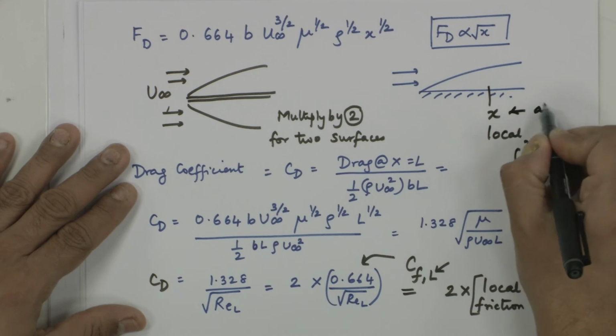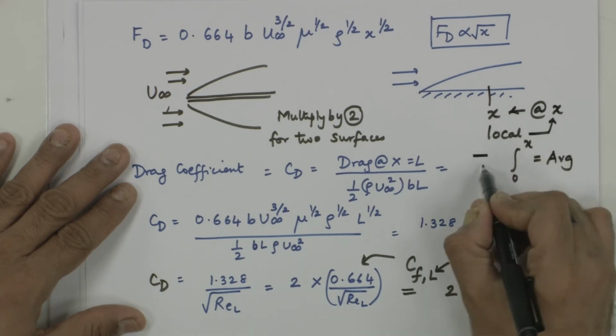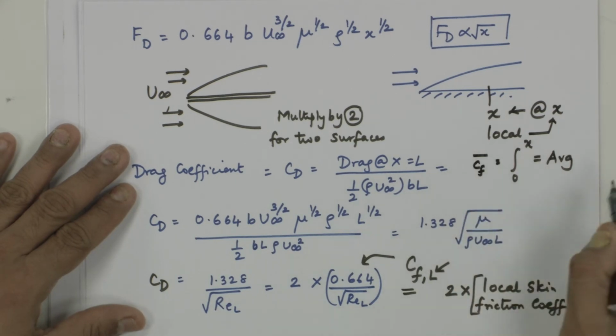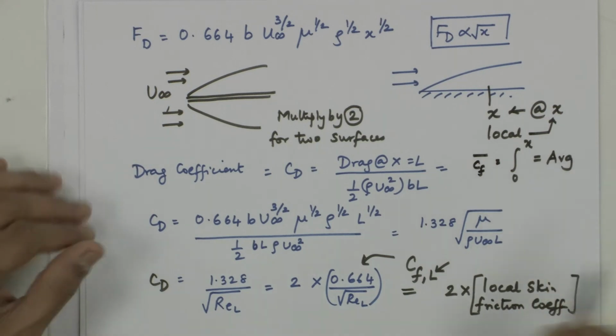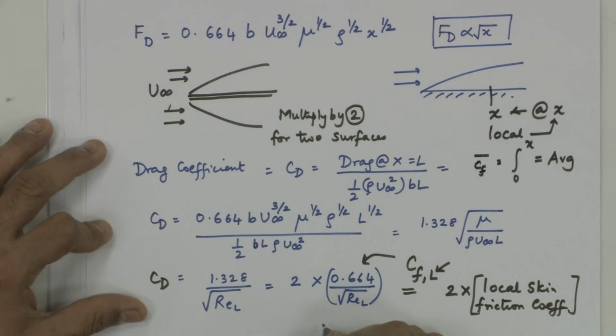This at x is called local. The integrated value would have a bar over it, so Cf bar, CD bar, this is the average value. So, the average value of the coefficient of drag CD is 2 times Cf at the local value.